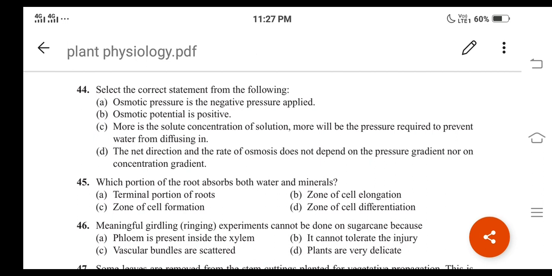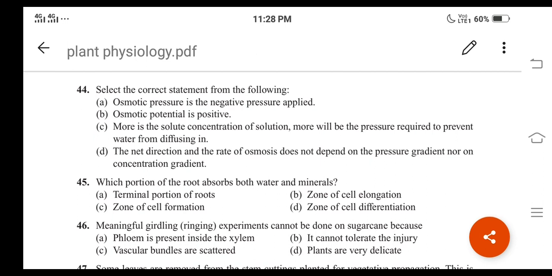Then let us look at the next statement. Option D: the net direction and the rate of osmosis does not depend, it is wrong, but it depends on the pressure gradient as well as on the concentration gradient.